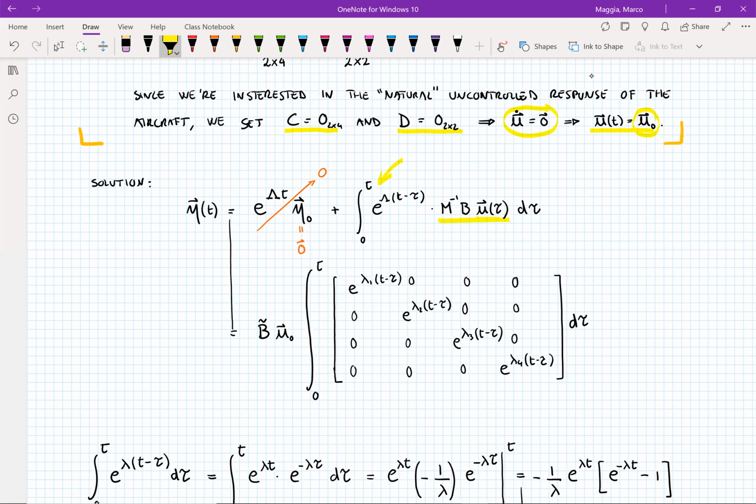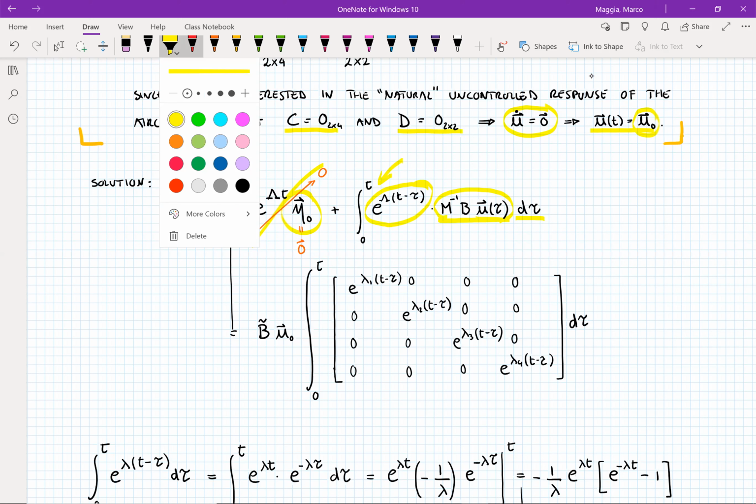So the only thing that we really have to compute, especially for this example, since eta naught is 0, so this first term just all goes to 0, all we're left with is to integrate from 0 to t the transition matrix e to the power of capital lambda multiplied by (t minus tau) d tau. So since, as I said, let me use another color.